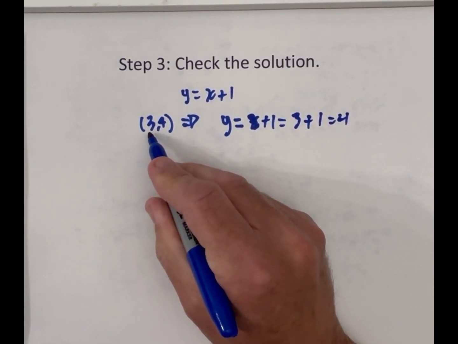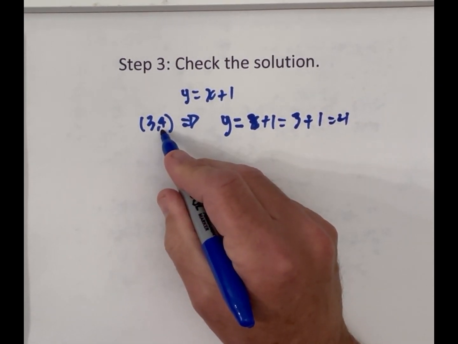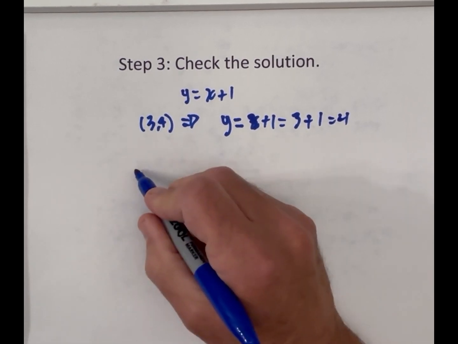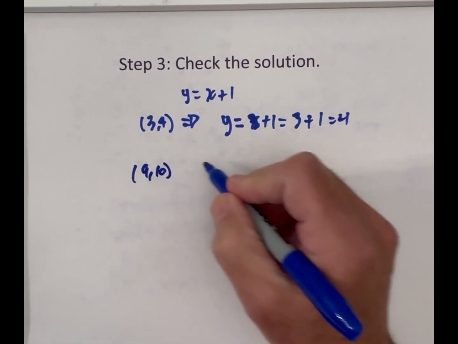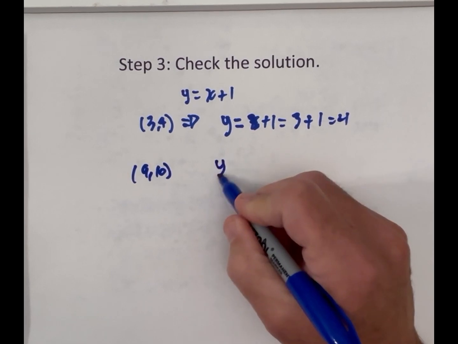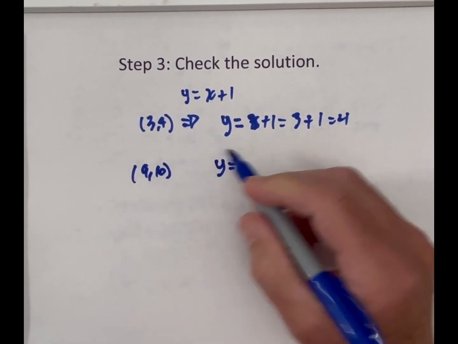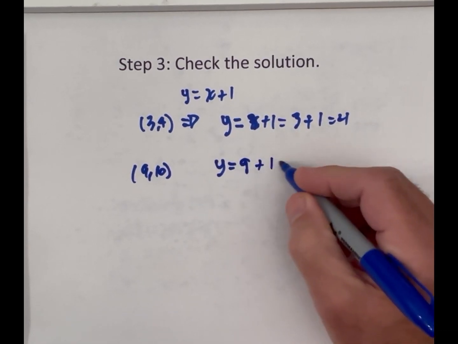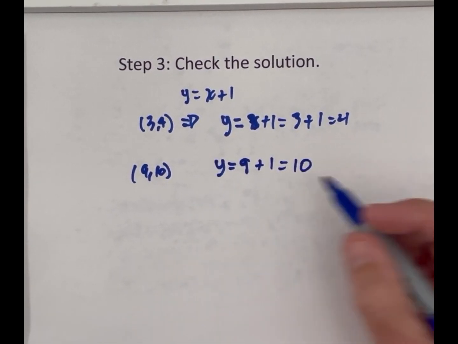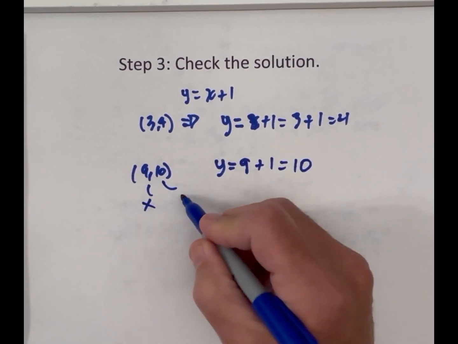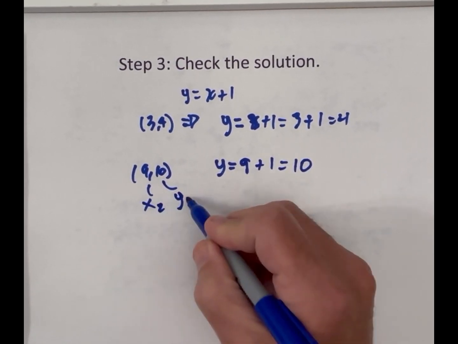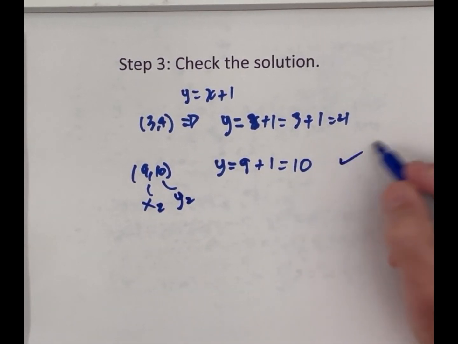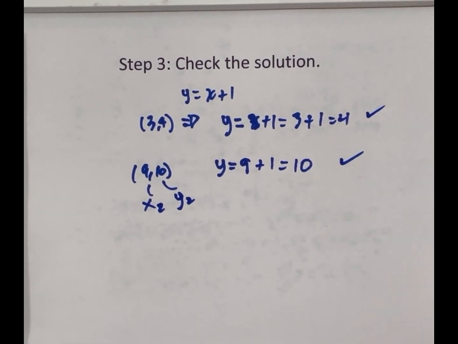So that's the x1, and that's the y1. So that's good. Now at the second point, (9, 10), let's evaluate this equation again. We're going to have x, so that's 9, plus 1, that's equal to 10. So there's the y and there's the x. And that does check. So that's a very good thing.